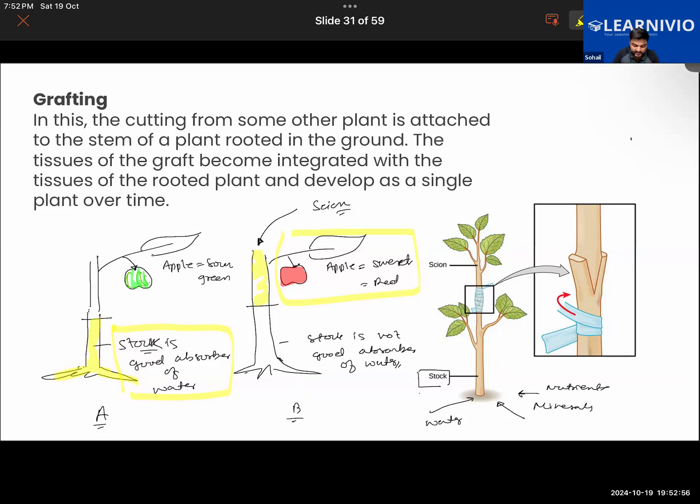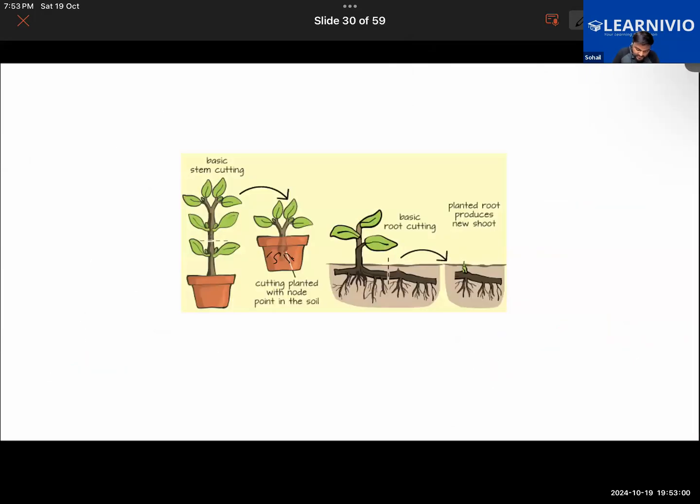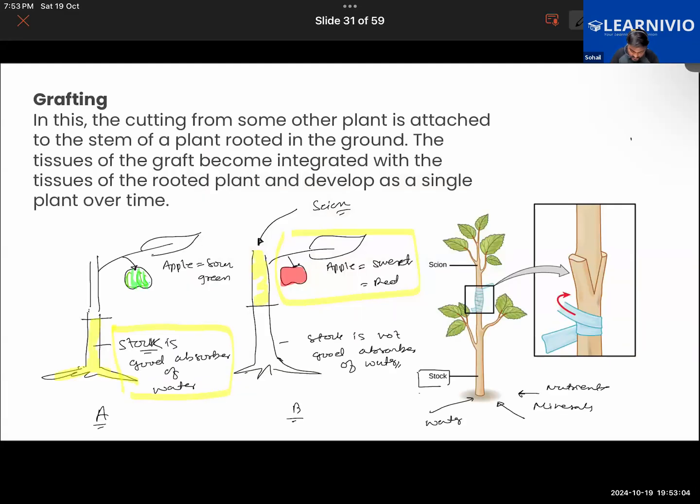The new plant that will grow, its root system will also be good, plus the fruit that will be growing on it will be of higher quality. So that is the purpose. That is why grafting is done. This is the reason behind this method. Is that clear to everyone?